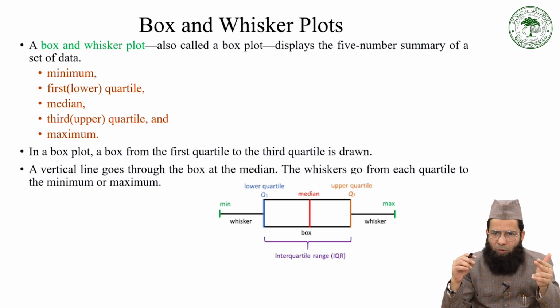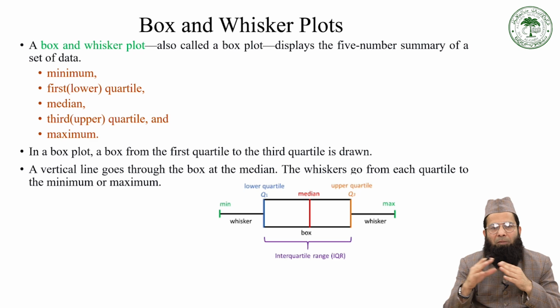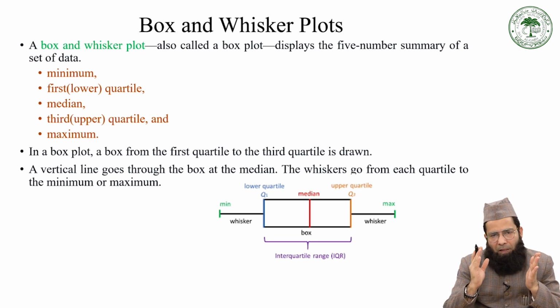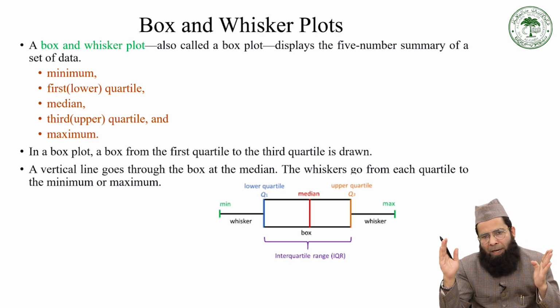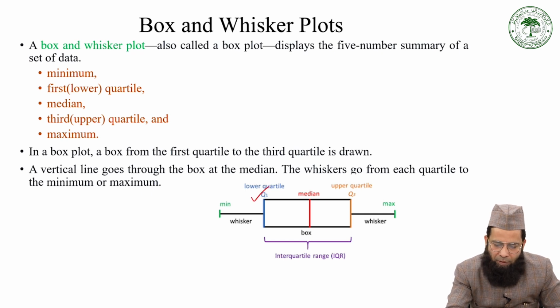And what about the first quartile? The first quartile is also called the 25th percentile, and it is also known as the lower quartile. It is the median of the lower half of the data set. So Q1 is the median between the minimum and the median of the whole data set, like you can see. Similarly, Q3 is the median of the median and maximum.